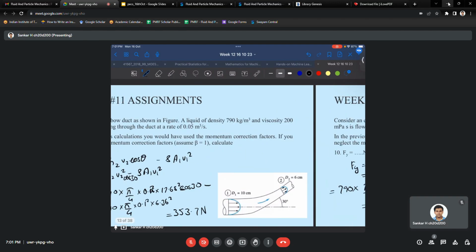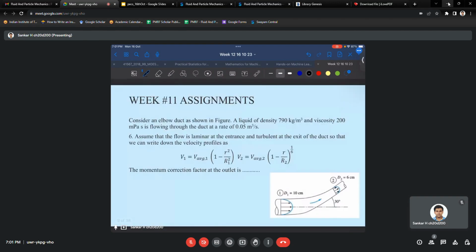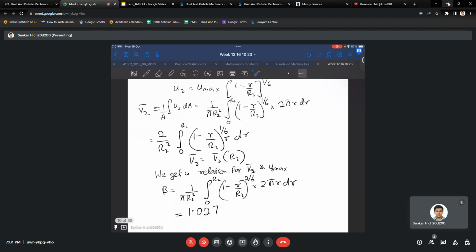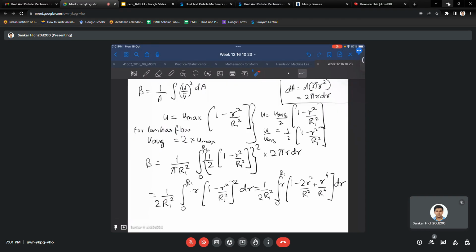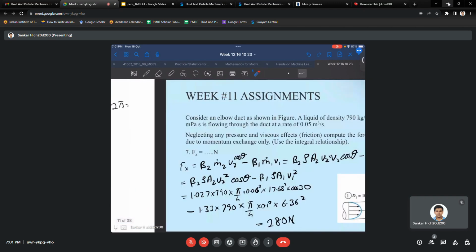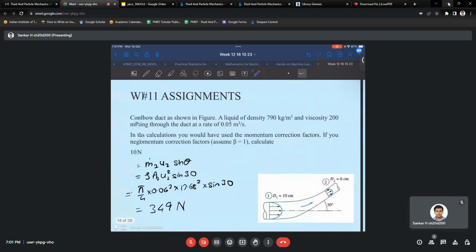As we discussed earlier, the relation between u by u bar is half into 1 minus r square by r1 square. So let's substitute that here.